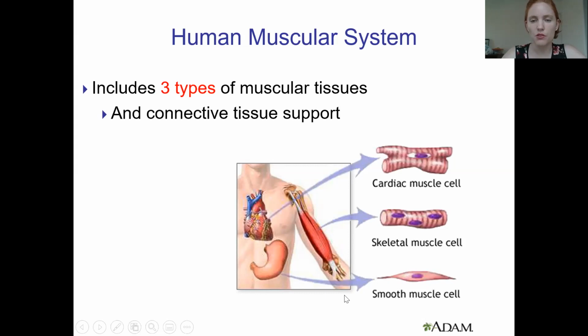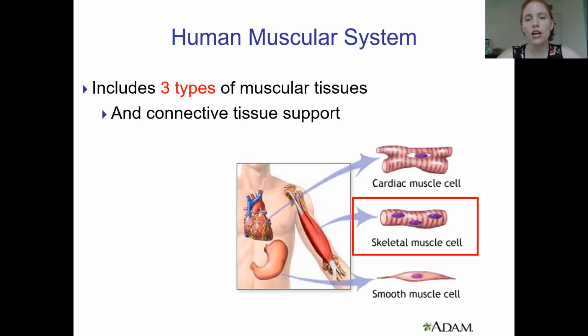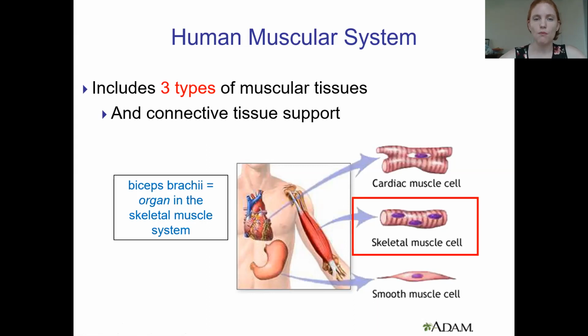So what we're going to focus on today is the skeletal muscle tissue, and it's called the skeletal muscle because it attaches to the skeleton and it pulls on the skeleton to create movement in the body. By the way, remember that organ systems are collections of organs, and so the muscular system also has a collection of organs, and so that includes things like the biceps brachii, right?